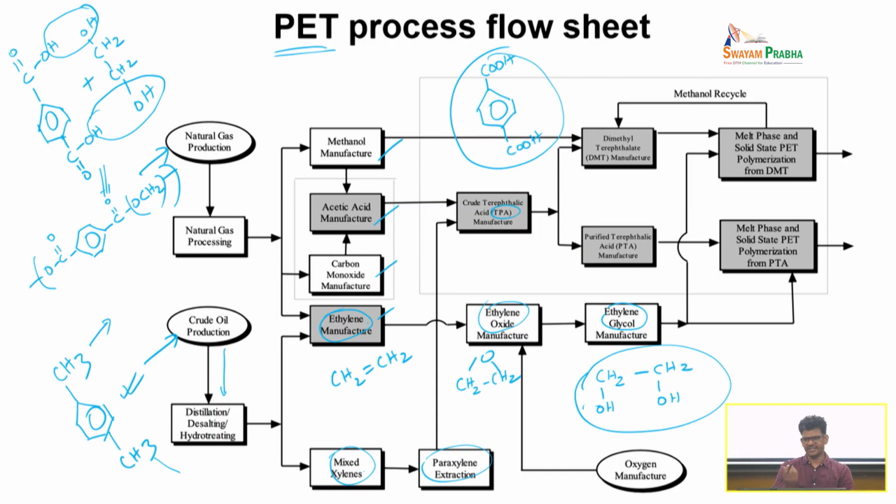It is basically an ester. When you have alcohol and acid condensing, you get an ester. So you can see that this is the polyethylene terephthalate polymer.